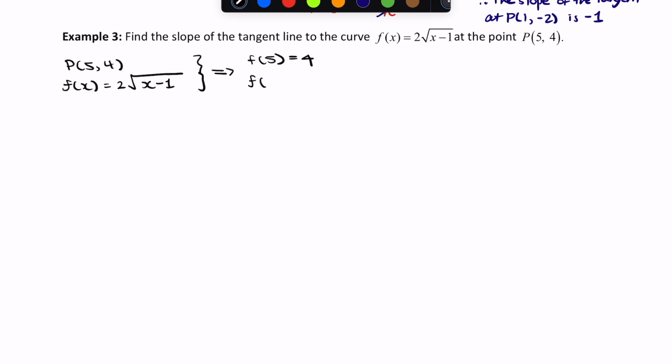Here, if we find the function of 5 + h, that's equal to 2√(x − 1). So here it's 5 + h − 1. And we'll be left with 2√(h + 4).